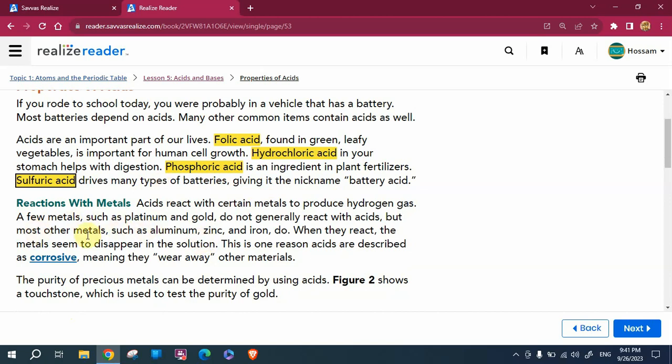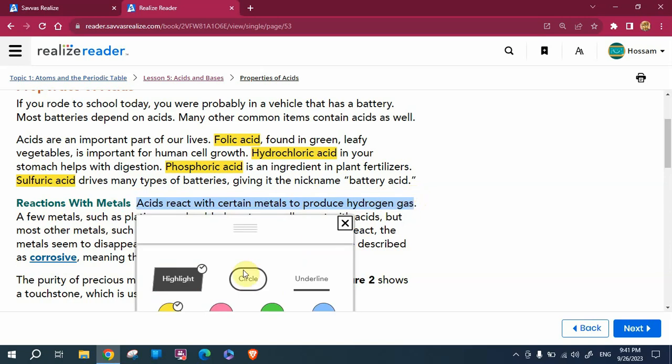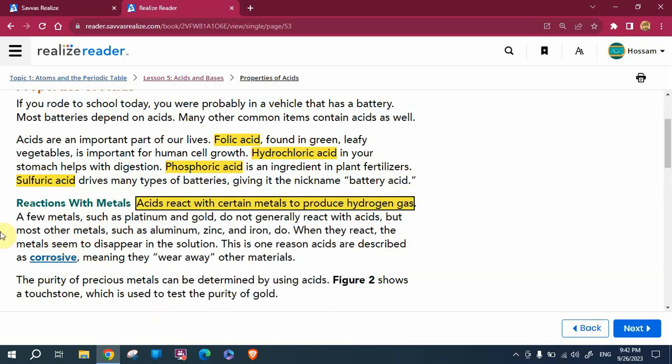Reactions with metals. Now you know that acids react with metals and with carbonates. So in the reaction of acids with metals, certain metals react with acids and produce hydrogen. Certain metals, not all metals, only active metals.